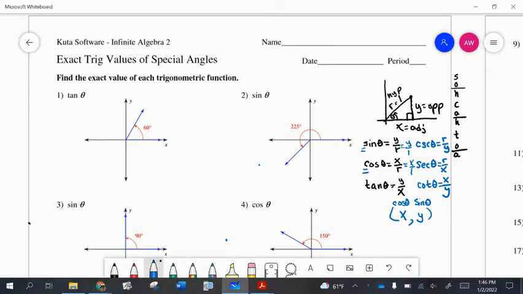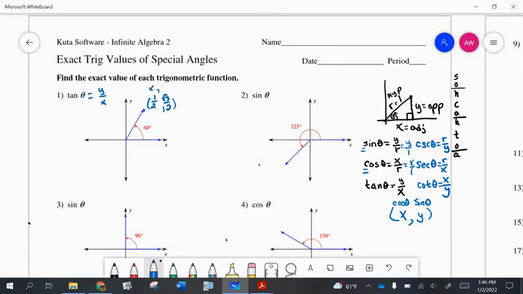Okay, so the first thing they want is the tangent of our angle here, which is 60 degrees. So I'm thinking in terms of x, y, and r. I know tangent is y over x. So I need to find where I'm at on the unit circle. At 60 degrees, what are my x and y coordinates? I know that they are 1/2 and √3/2.